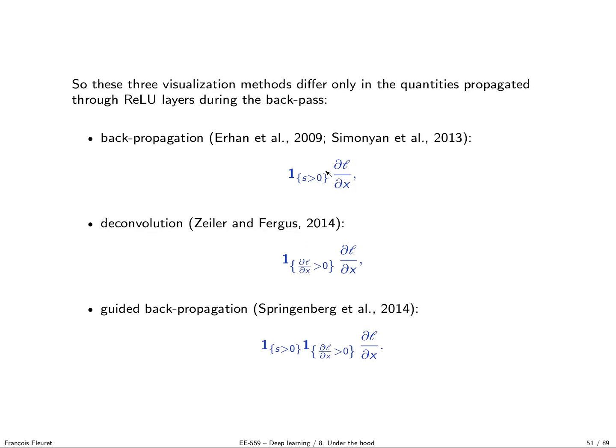The first one is to use simply backprop, so it's what we saw before. You are going to forward your signal fully through the network, pick the unit of interest, and then propagate backward the derivative of the quantity of interest until you reach the input, and then you will know what are the parts of the image that influence the output.